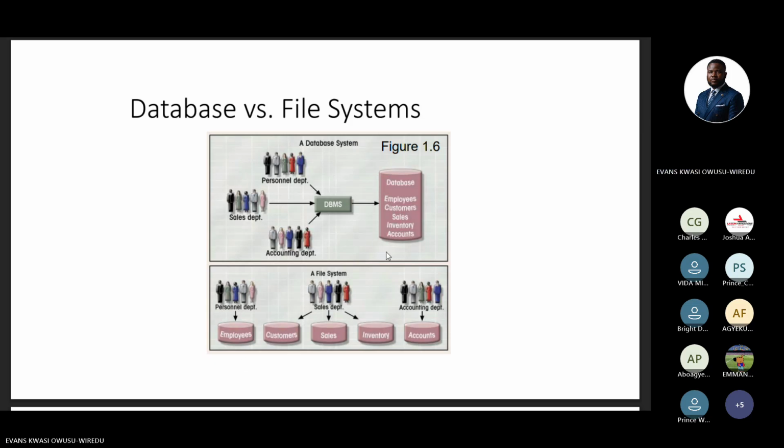So you can have one particular department dealing with, let's say, customer sales inventory. You get it? You have one department dealing with employees separately. These are all separate. And you can even have that same accounting department interested in the sales because you need that to make your accounts.